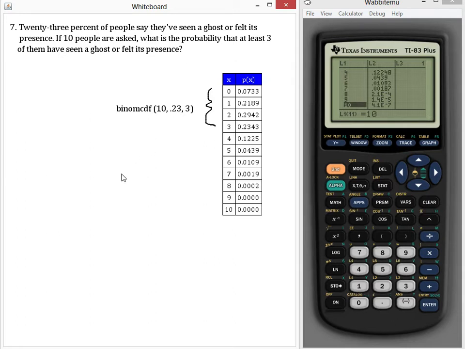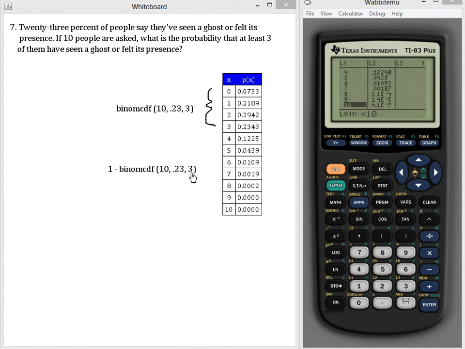Now, another thing that I could do is binom CDF 10, 0.23, 3, but subtract that result from 1, and that's going to give me the complement. Now, if I do that, it's going to be closer to what I'm looking for, but it's going to be the complement.